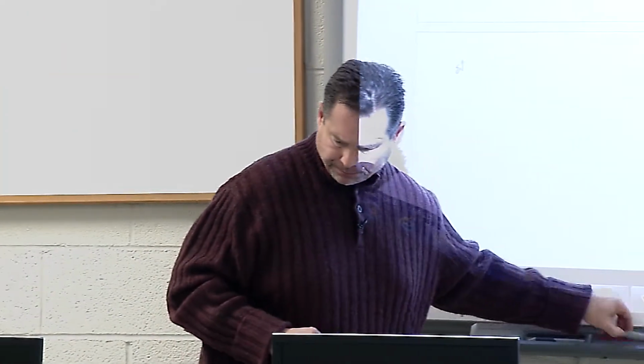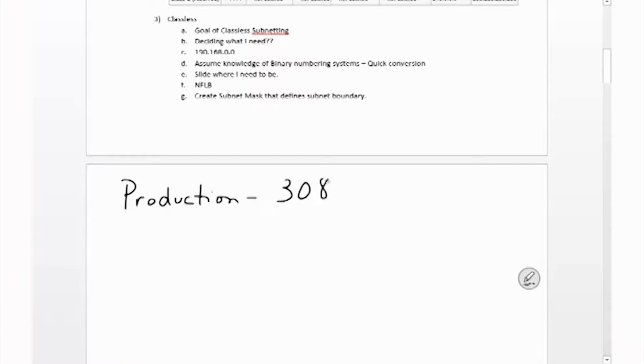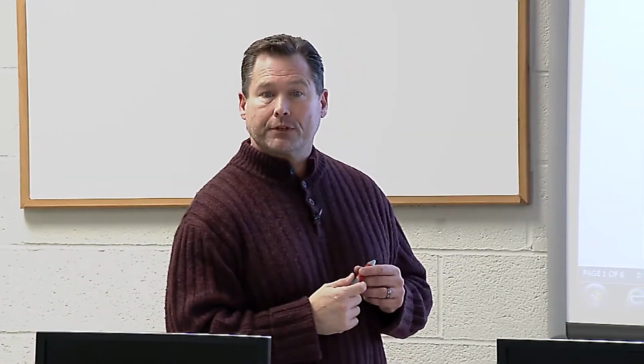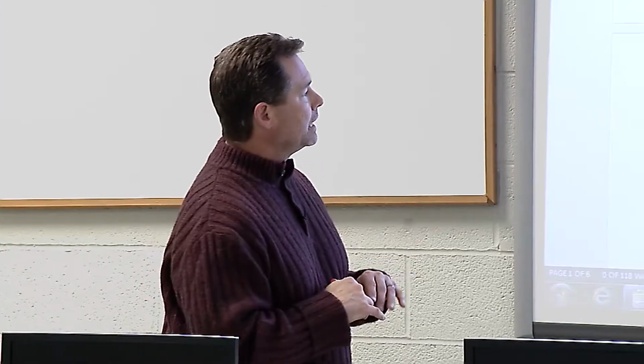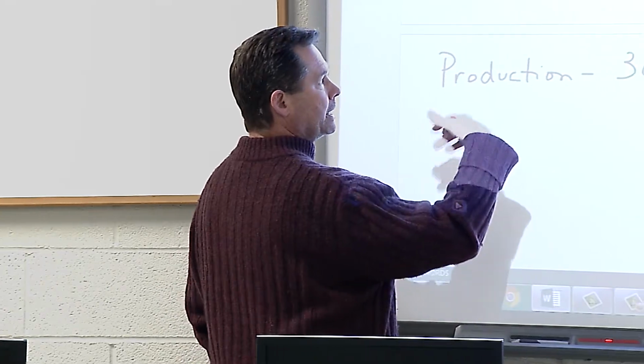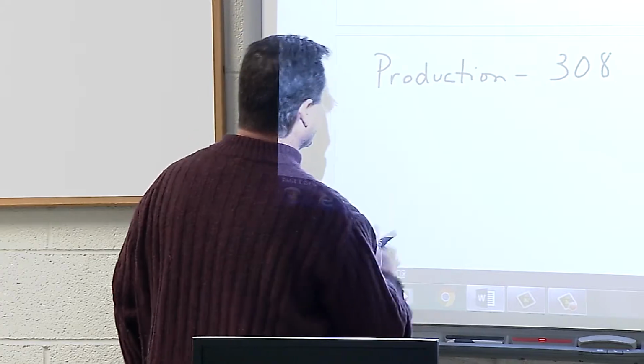So for example, if I have a department, we'll call it production, and that department has 308 users, and that could be printers, PCs, really any type of device, but it's got 308 endpoints, we'll call them, that we need to apply an IP address to be able to communicate across our internal network.